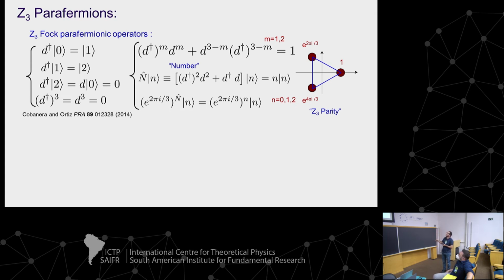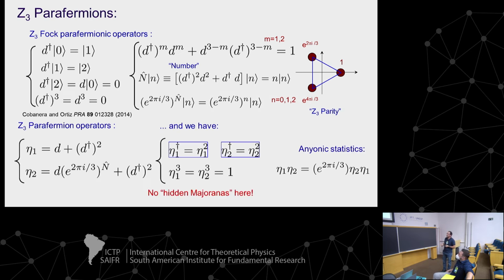And I define this algebra, this number operator, and this Z3 parity, which is now 1, e to the 2 pi i over 3, e to the 4 pi i over 3, and back to 1. So it's cyclic like that. And you have to have these states as eigenstates of this Z3 parity operator as well.